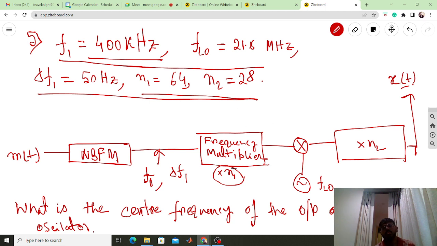So basically this frequency multiplier is multiplying this f1 signal n1 times. So here the signal is n1 f1, and then a local oscillator is coming here, right?